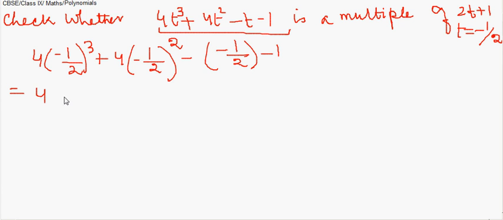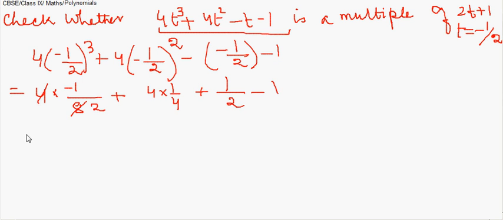Minus 4 times 1 by 8, that gives minus 1 by 2. Then 4 into 1 by 4 is plus 1, then plus 1 by 2, and a minus 1.